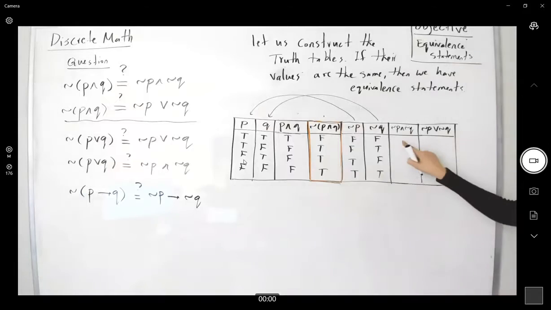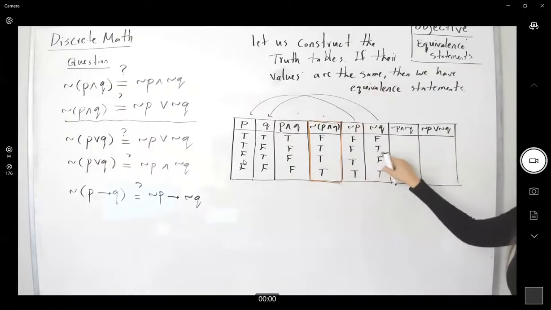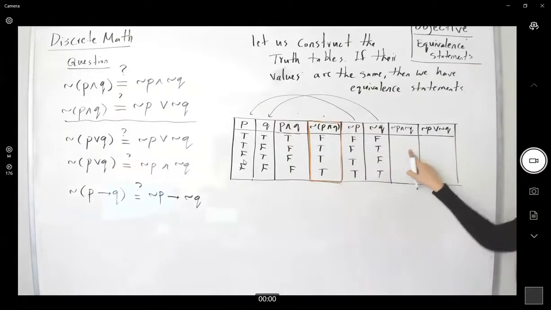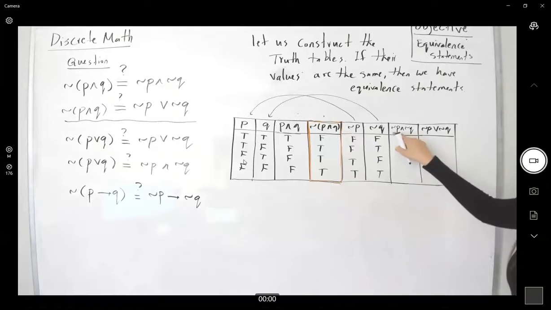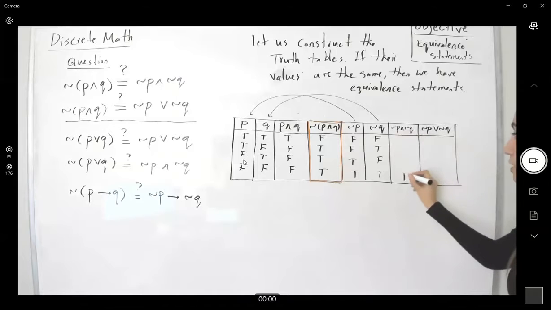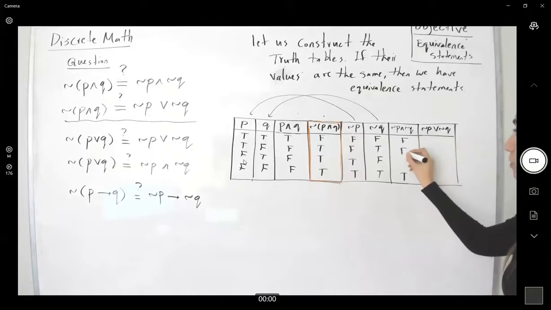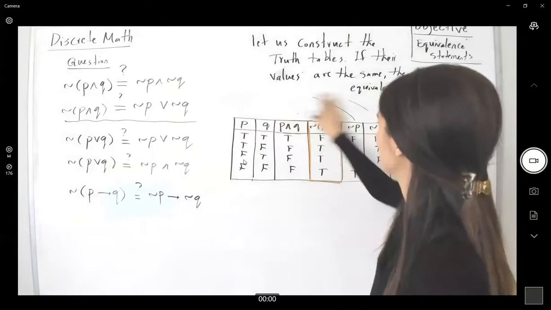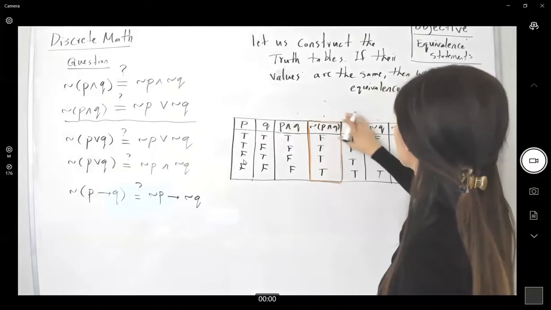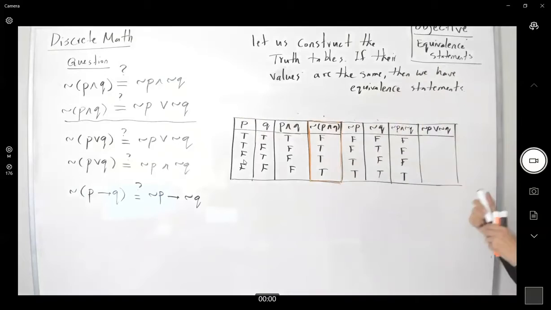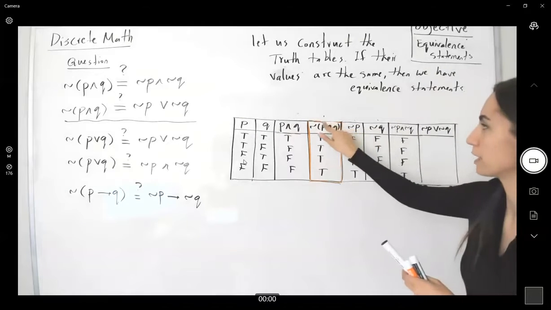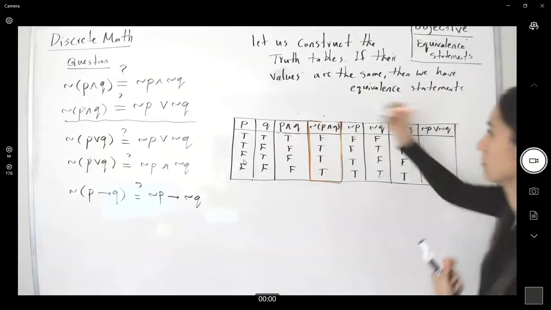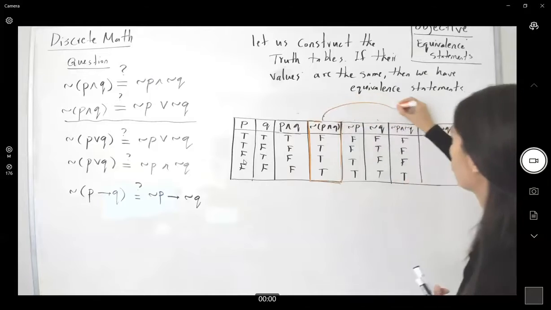Well, now I'm going to use these two columns to construct the value for this column, not P and not Q. It is going to be true if and only if both of them are true, which is this case here. True, false, false, and false. Well, let me compare this column with this column.